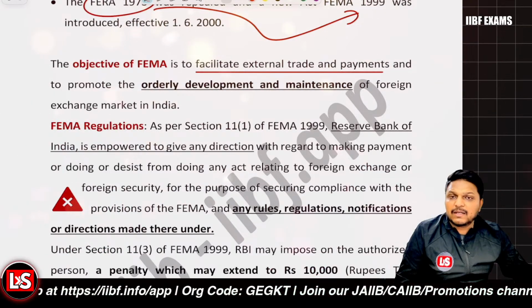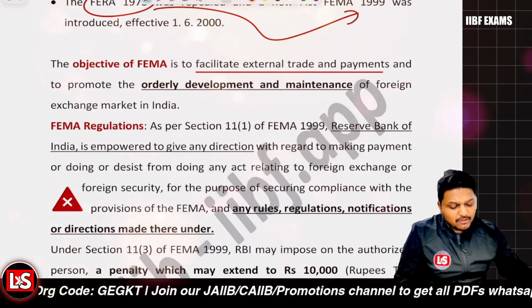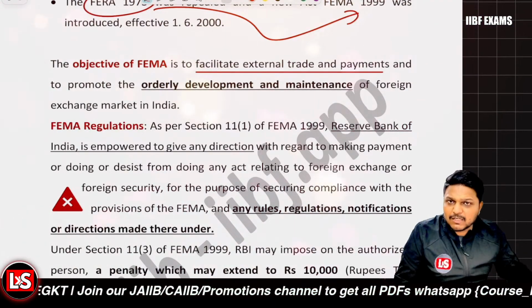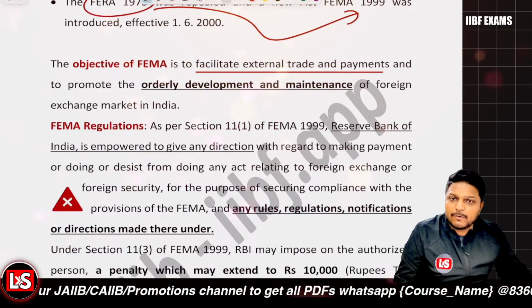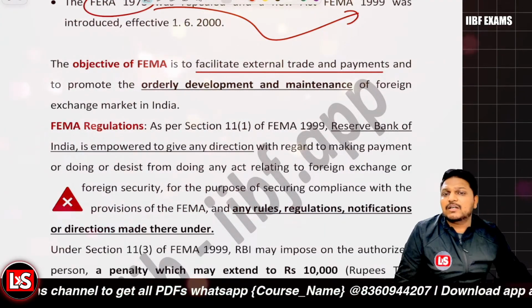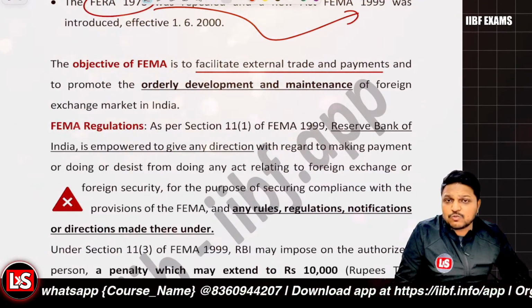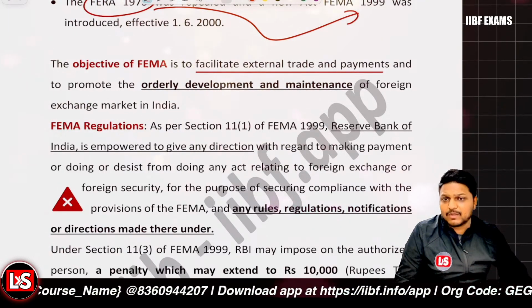So many liberties have been given under the FEMA, that is the Foreign Exchange Management Act, for current account transactions, for capital account transactions, for investment abroad, and also related to FDI, FII, right? Many of the regulations have changed, because our scope has changed from regulation to the management part, right?